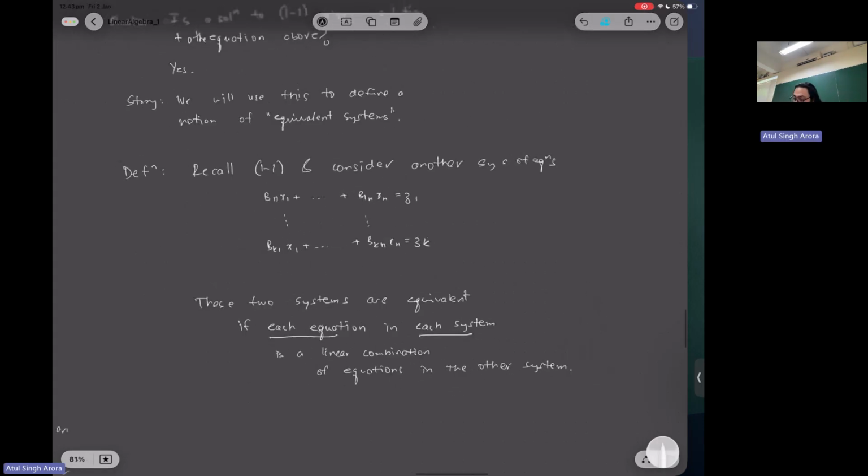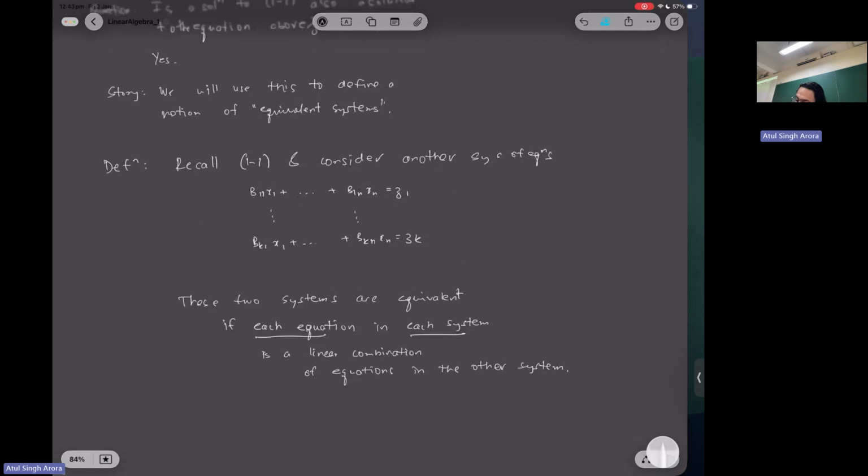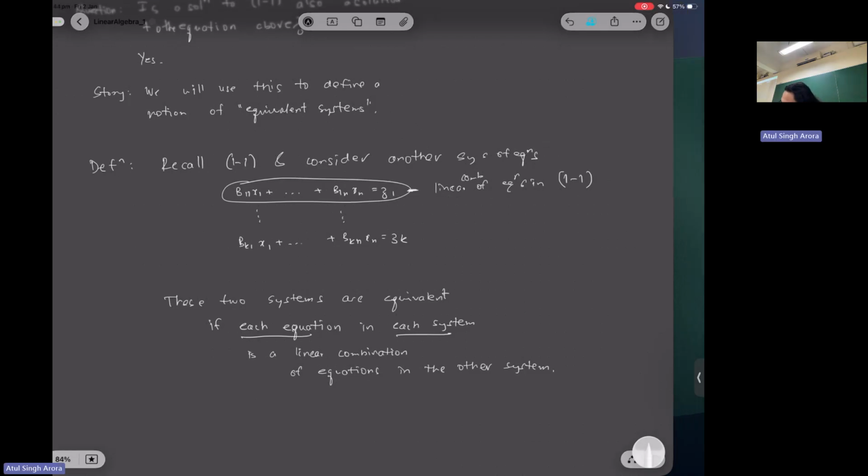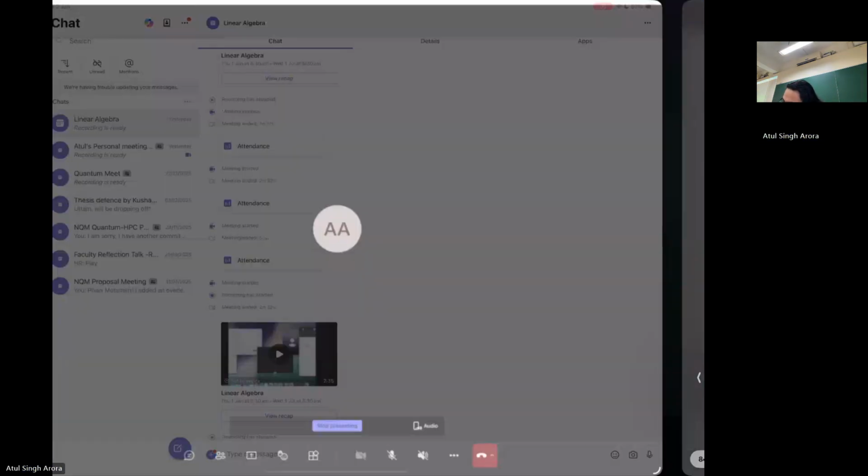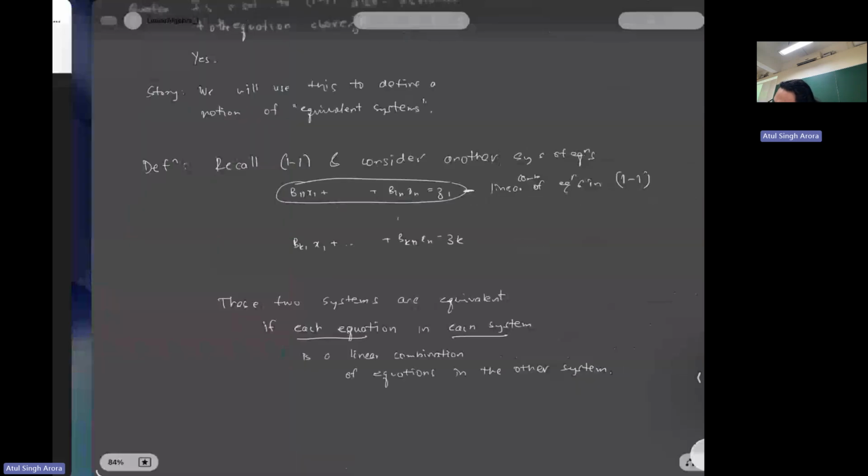Let's go through it. Suppose we pick the first equation here. We should be able to obtain this equation by taking linear combinations, like we did in the example, of equations in A, the one with the A's. Is that okay? Or do you want me to let's see if I can open another window.